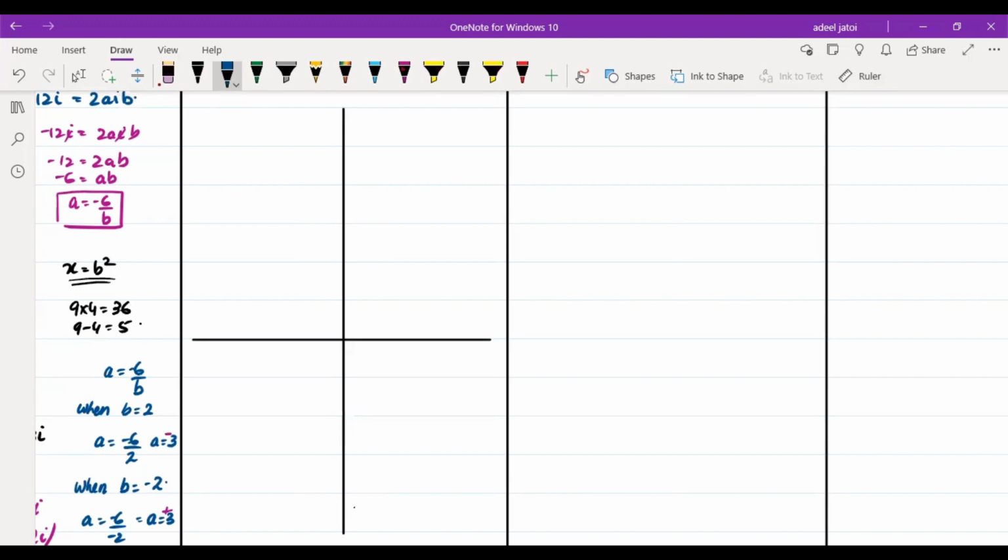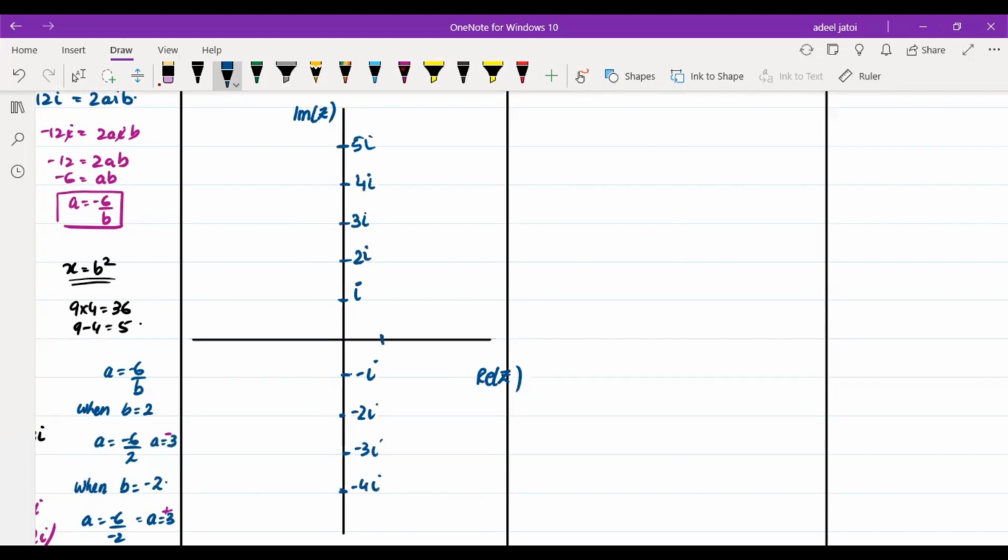Your x-axis represents the real value of z, whereas your y-axis represents the imaginary value of z. What does imaginary value of z mean? Your imaginary value of z is represented through the iota: iota, 2 iota, 3 iota, 4 iota. Let's write down 5 iota. So this can be negative iota, negative 2 iota, negative 3 iota, negative 4 iota.